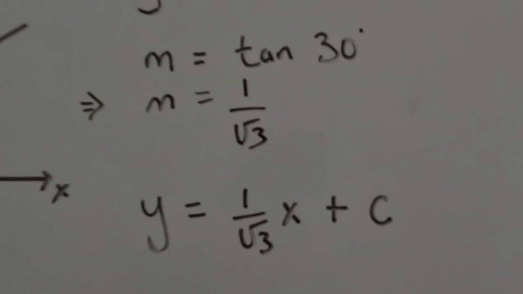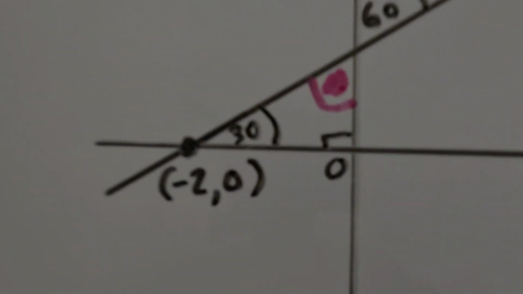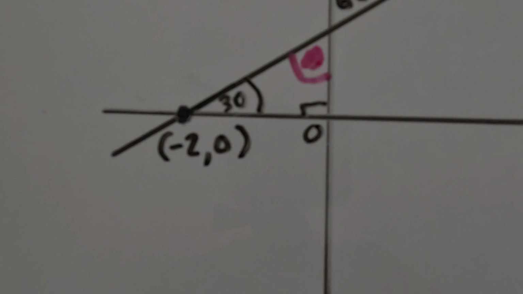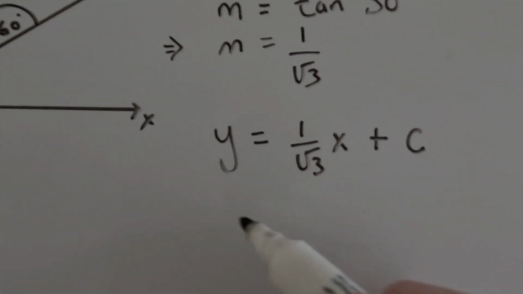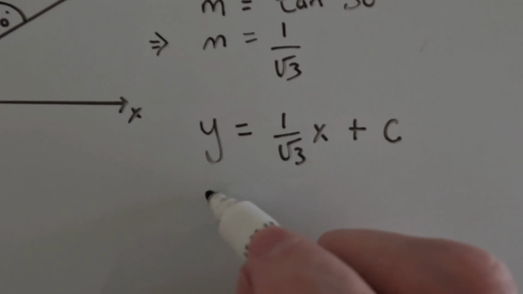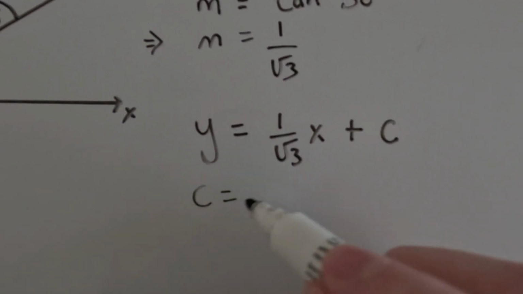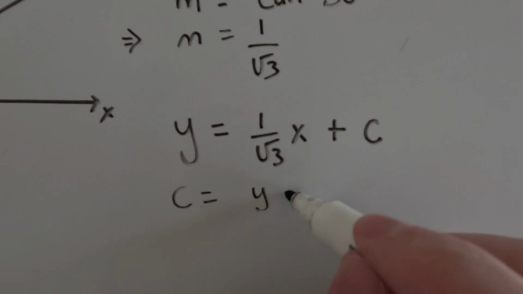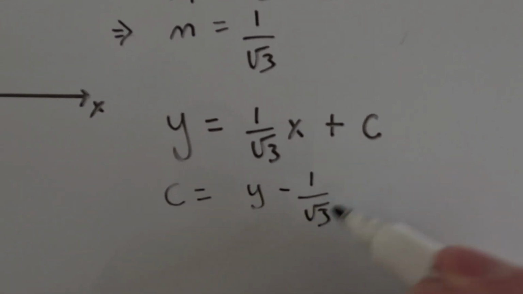And how do we find c? Well, we have our initial conditions. We have a point here, which is minus 2, 0. So c is equal to y minus 1 over root 3 x.